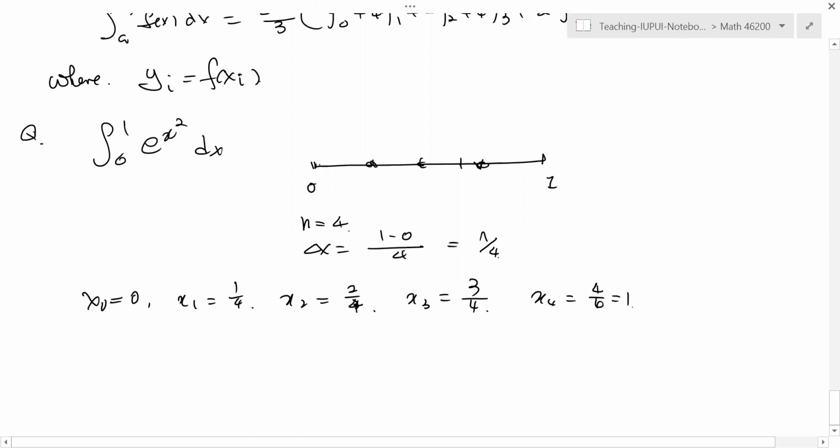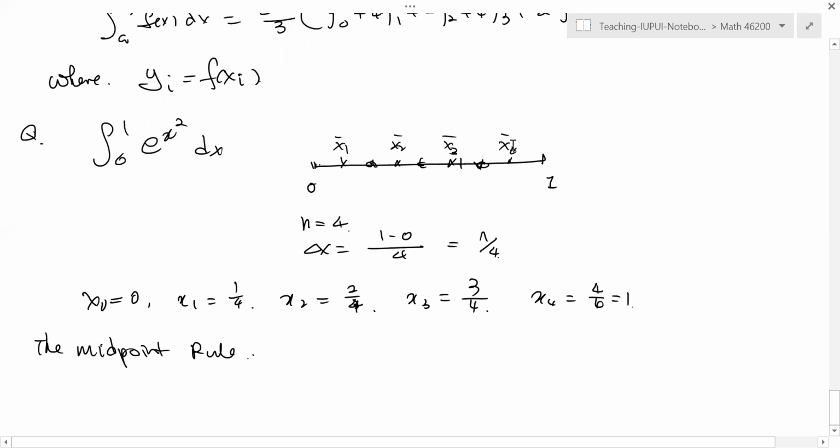First, let me try to use the midpoint rule. So let's figure out the midpoints: x1 bar, x2 bar, x3 bar, x4 bar.